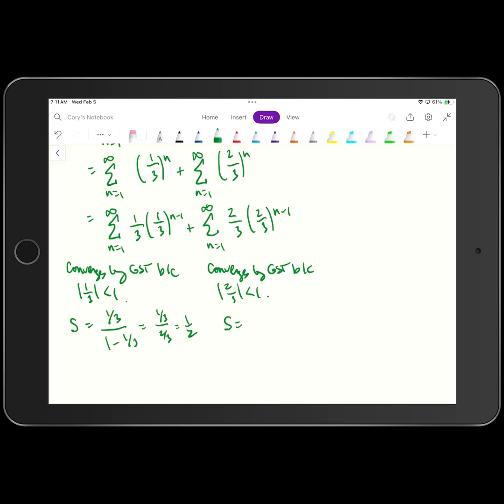The sum of the second series would be the first term 2/3 over 1 minus 2/3, which is 2/3 divided by 1/3, which is equal to 2. And then we can add those two sums together. 1/2 plus 2 is going to make 5/2 for the sum up above.